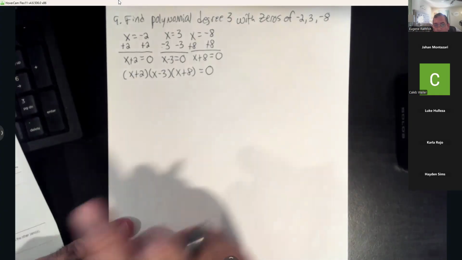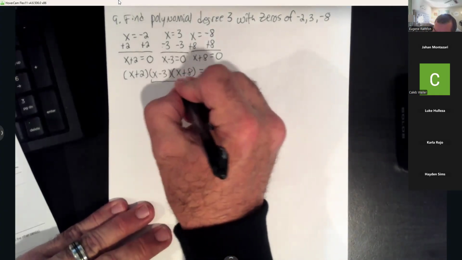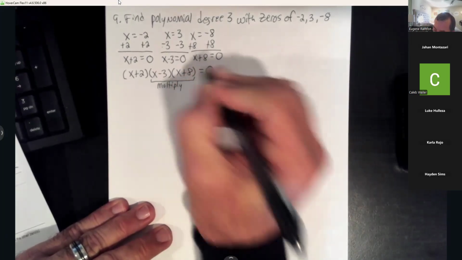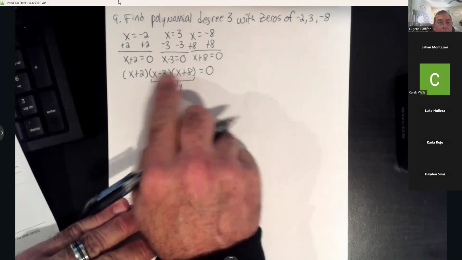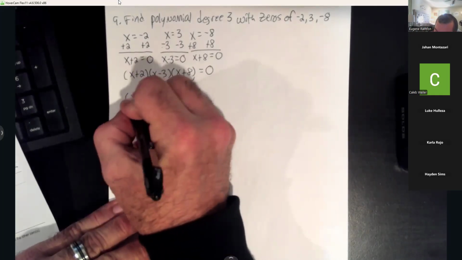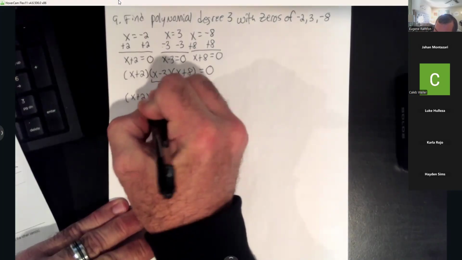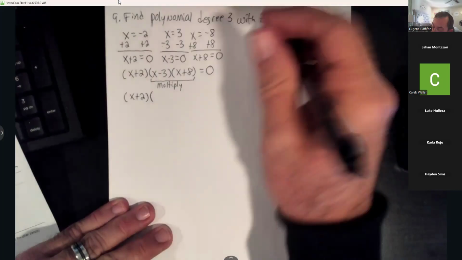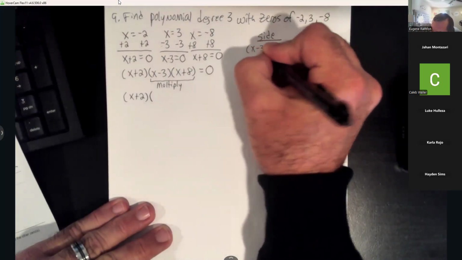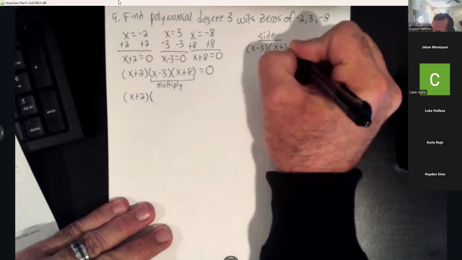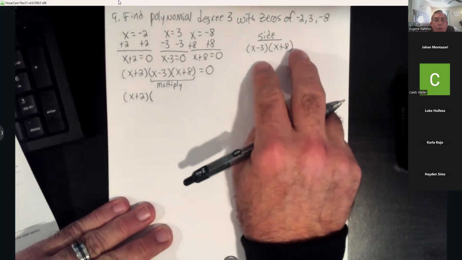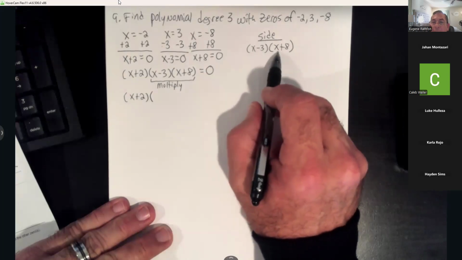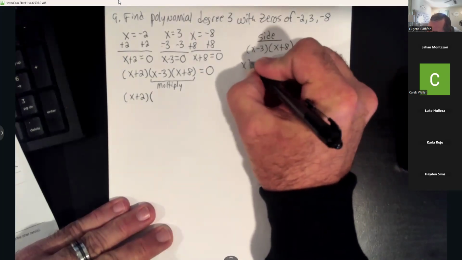All right, so now's the fun part. Now I'm going to FOIL 2 of these at a time. So I'm going to FOIL the last 2, so I'm going to bring this x plus 2 down. And I'm going to go to the side and figure out what x minus 3 times x plus 8 gives me when I FOIL it. I'll then put that answer here. So y'all, x times x is x squared.